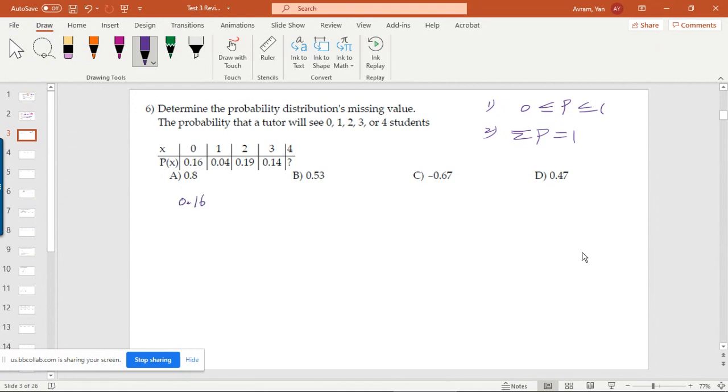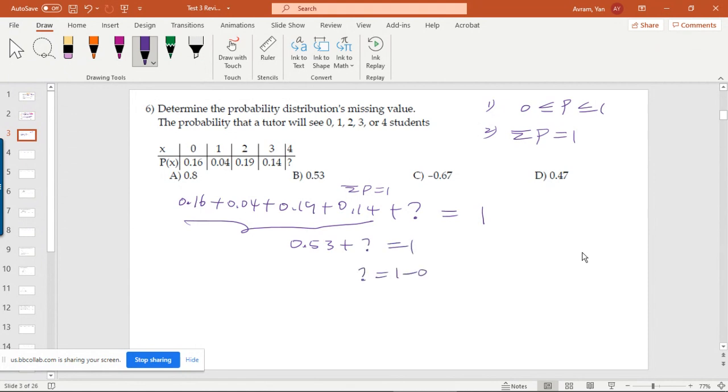So that means 0.16 plus 0.04, 0.19, 0.14 plus this unknown; the sum of the probabilities should equal 1. So I will add all of these together, and this will give you 0.53 plus this unknown, right?